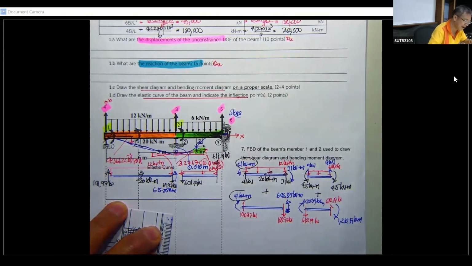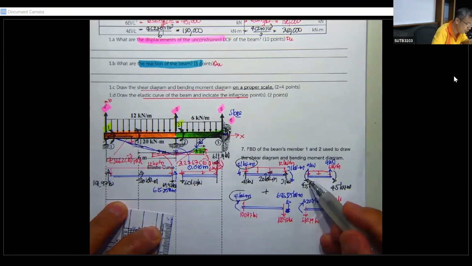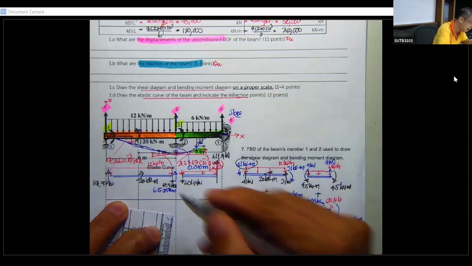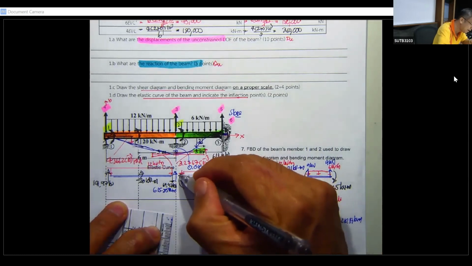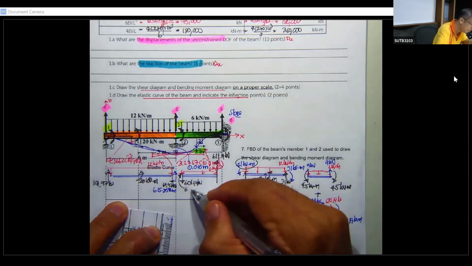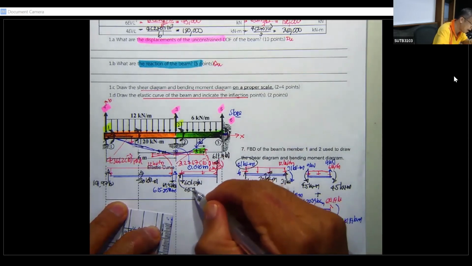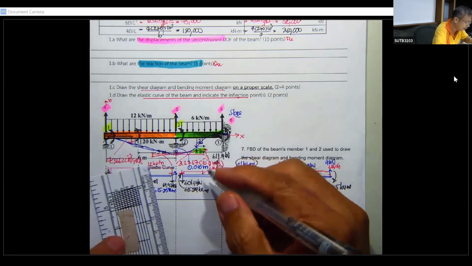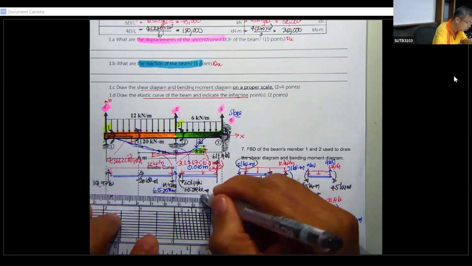kilonewton. And the moment, this one 4.5, this one minus this one by 4.5, you get 615.89, and the direction is going to be this way, 615.89 kilonewton meter. Oh, this is not the same, but it is close enough.